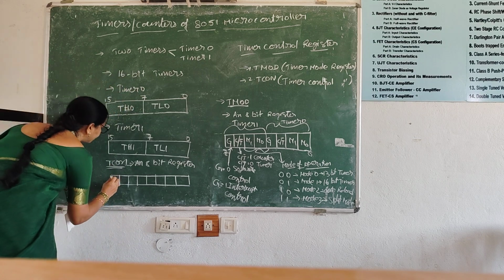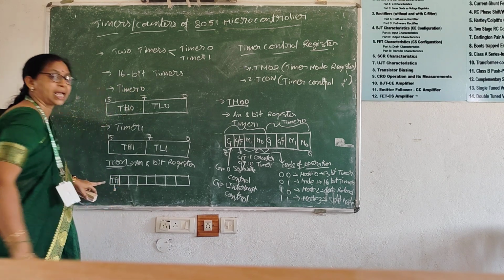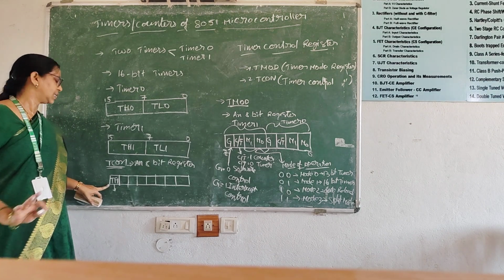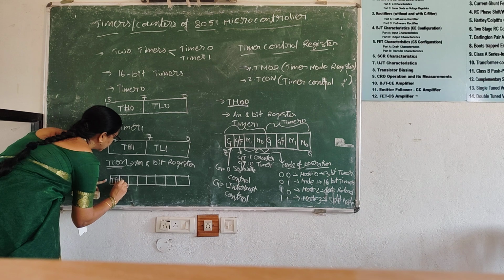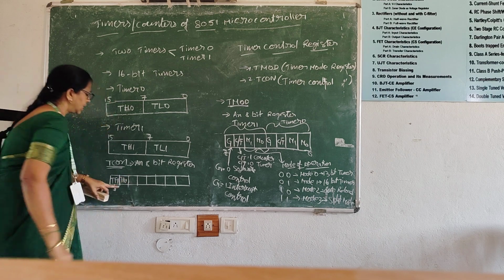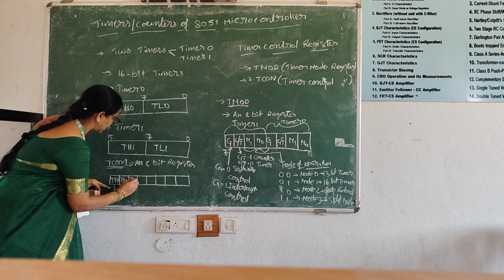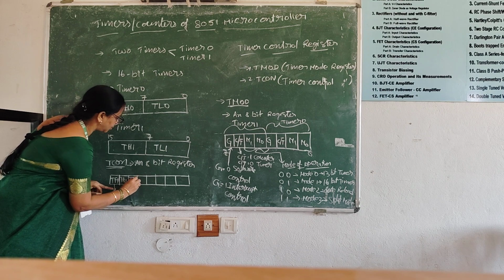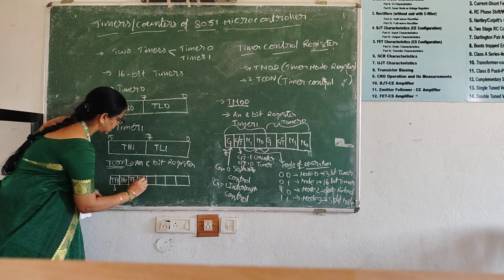The first bit is TF1, the timer 1 overflow. Next bit TR1, timer 1 run. Next bit TF0, timer 0 overflow.